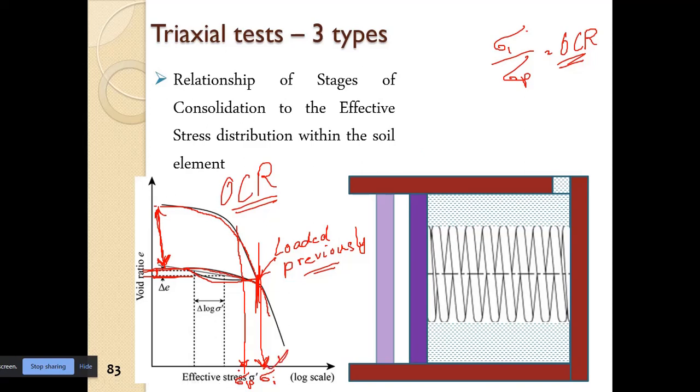That is how we know that the soil has been previously loaded up to a greater magnitude of effective stress.